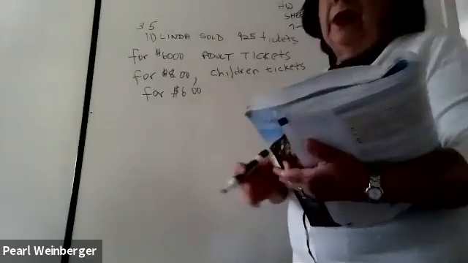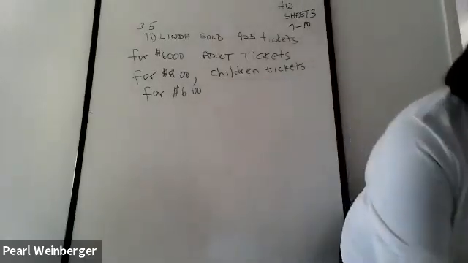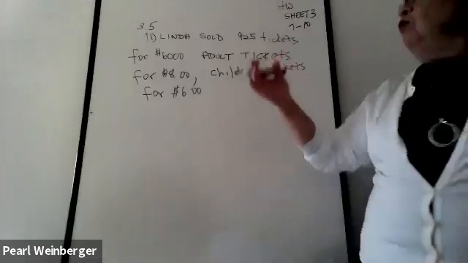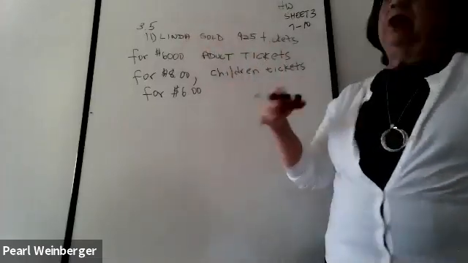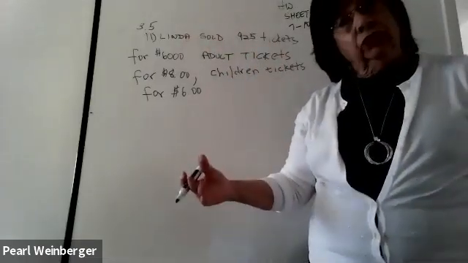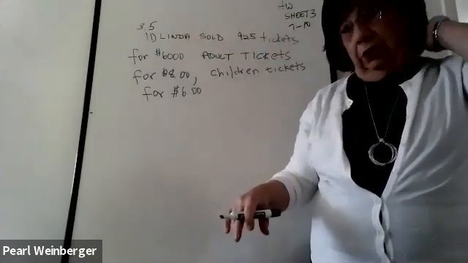And we want to know how many of each type of ticket did she sell. We know altogether she sold 925 of them, but how many were children's tickets and how many were adult tickets?